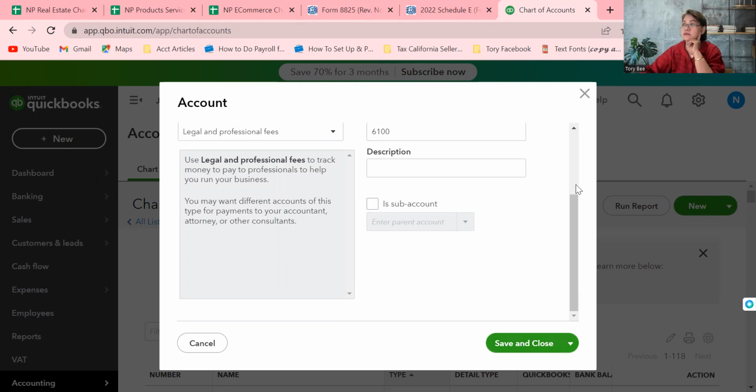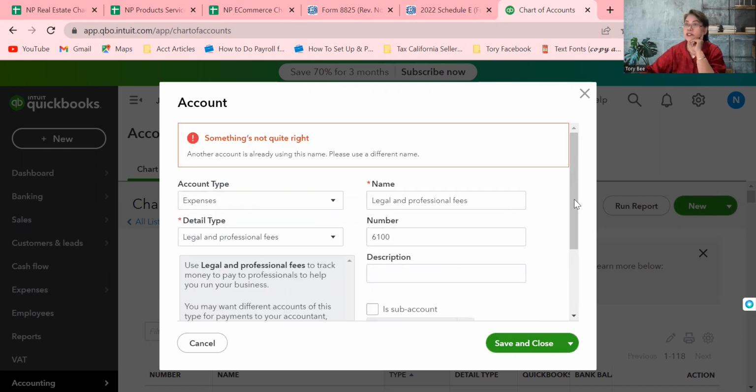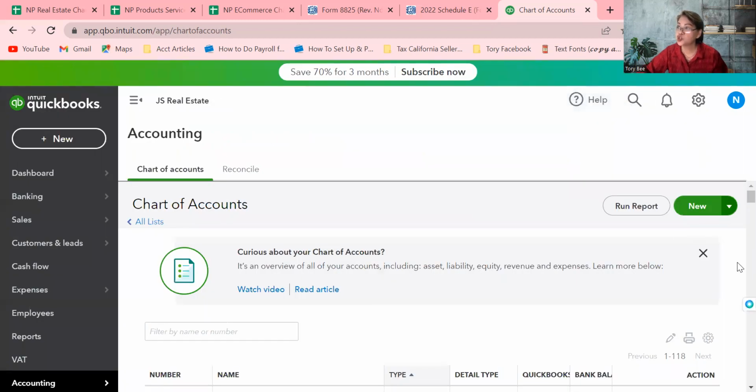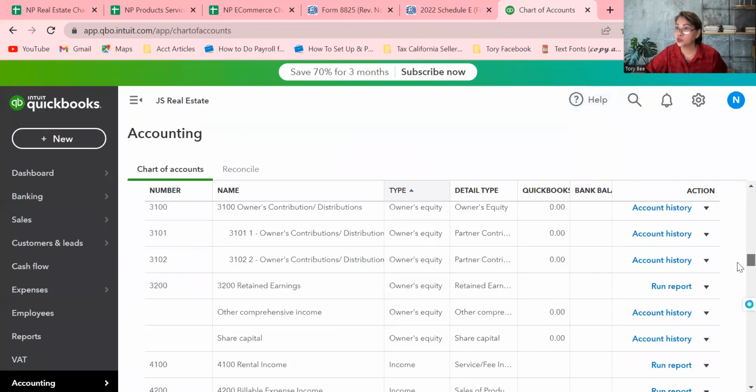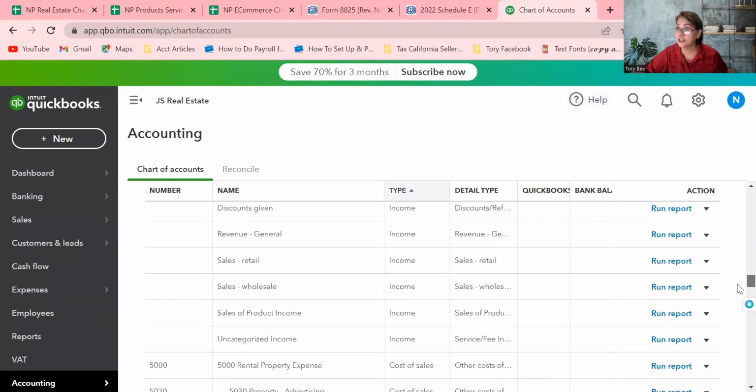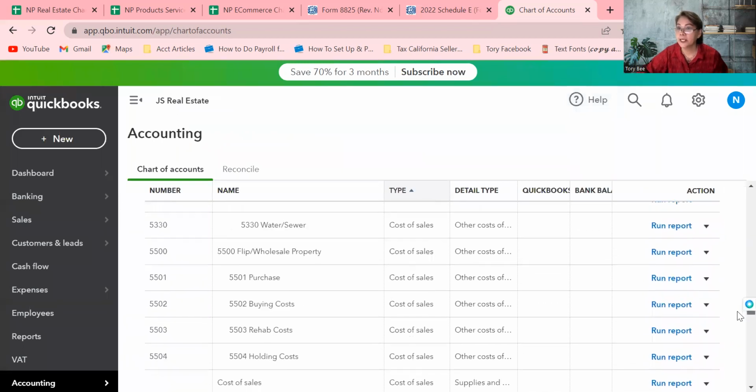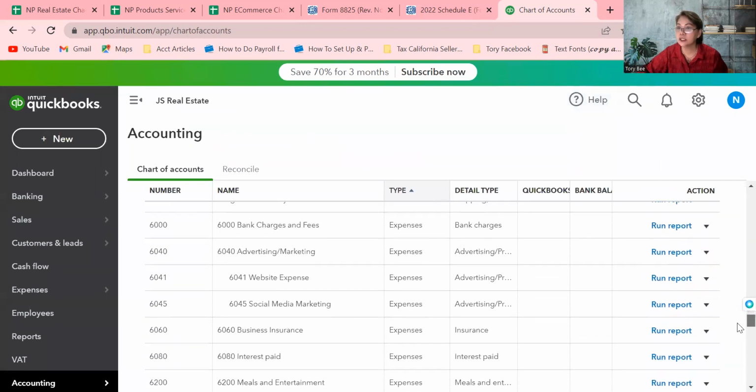Why is it not doing anything? Another account is already using this number. Really? Why? Let's look for it. Where is that account that somebody is using already? I didn't know that somebody is using it. Where is it? I can't find it.